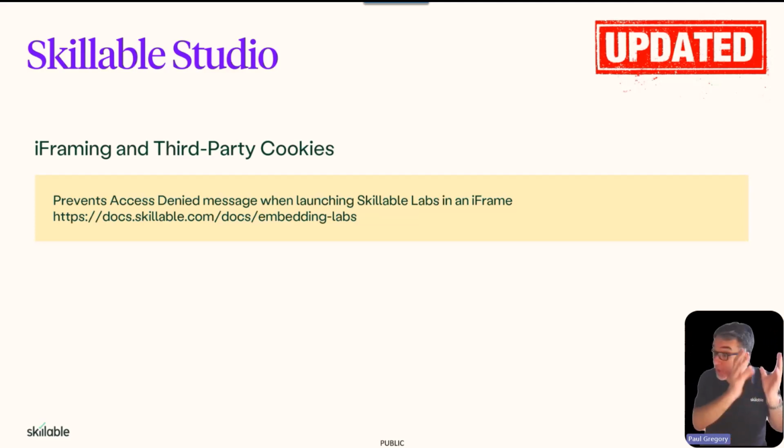It might put it in a new tab in the existing browser window. In both of those, the actual window is Skillable, or actually it's labclient.labondemand.com. So all the cookies we put on the machine are first party because they belong to labondemand.com.